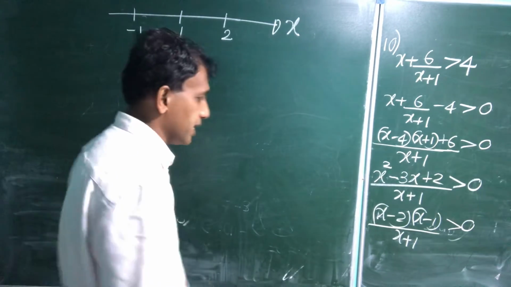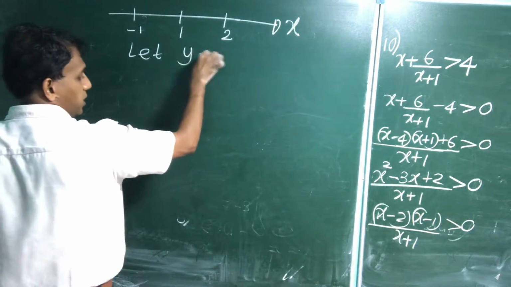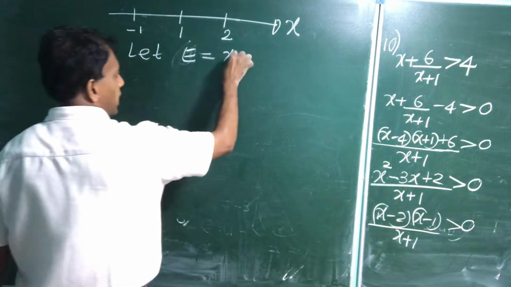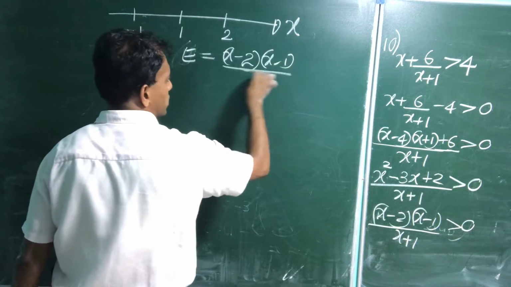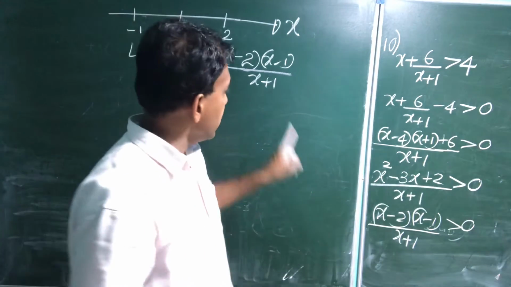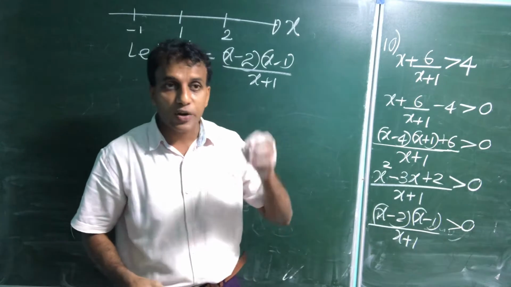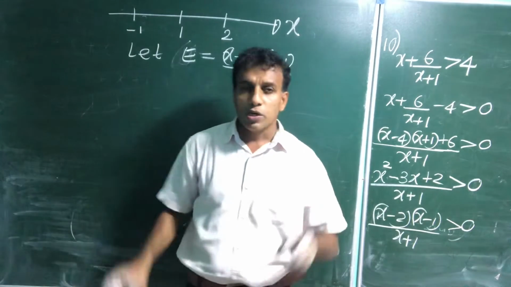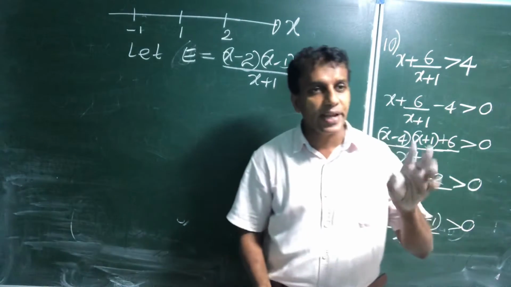Now let y, or e, equal (x - 2)(x - 1)/(x + 1). Therefore the problem is e greater than 0. What values of x give you e greater than 0?